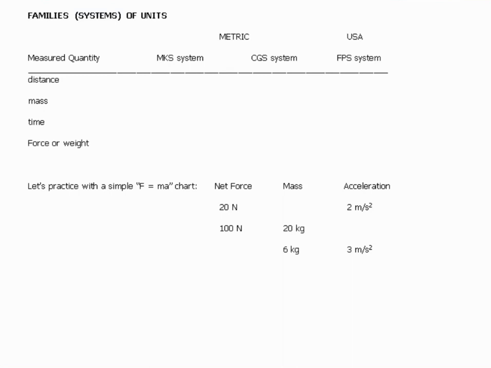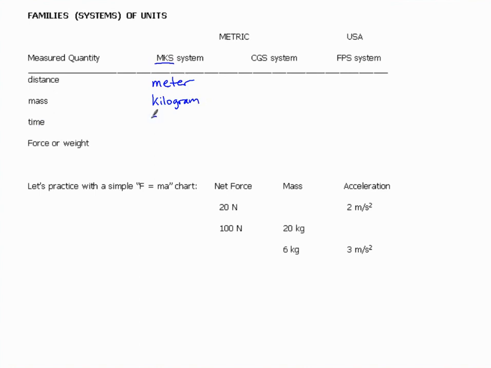Families or systems of units. So first we have what's sometimes referred to as the MKS system. Distance is the meter. Mass, kilogram.